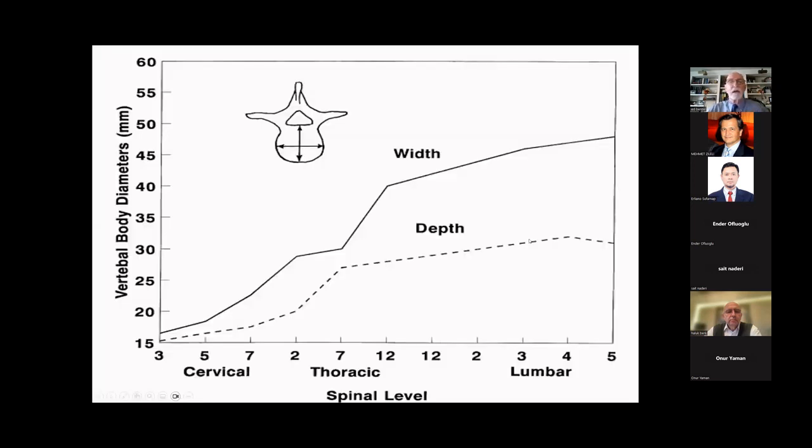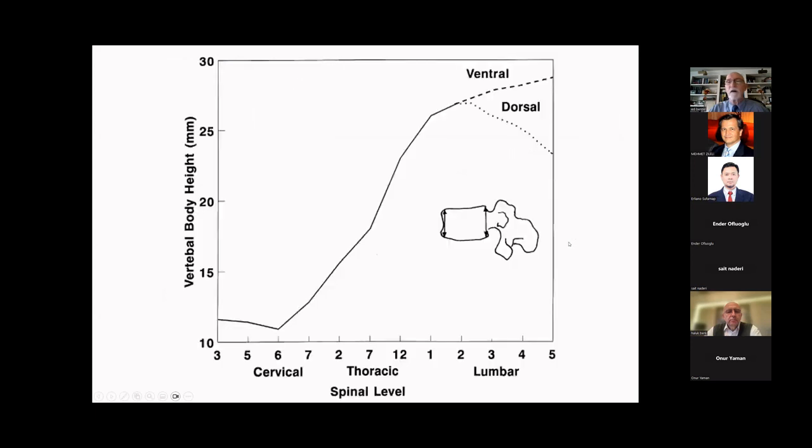We must keep in mind that vertebral bodies change considerably from the top to the bottom. Here we see the width and depth increasing significantly until we get to the bottom, where we see the depth of the vertebral body starting to diminish a little bit at L5.